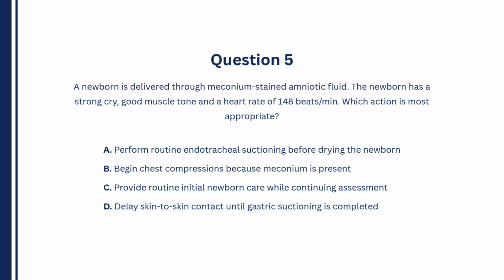Question 5. A newborn is delivered through meconium-stained amniotic fluid. The newborn has a strong cry, good muscle tone, and a heart rate of 148 beats per minute. Which action is most appropriate?